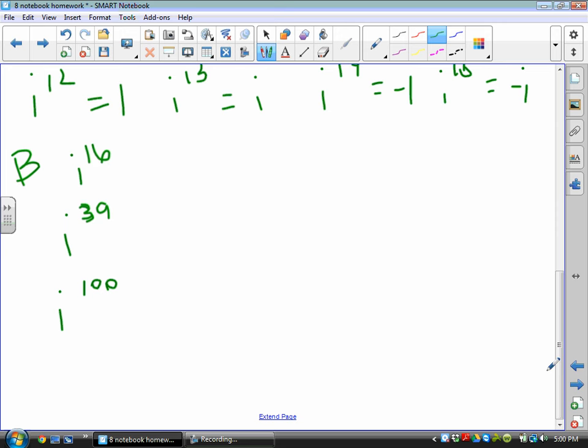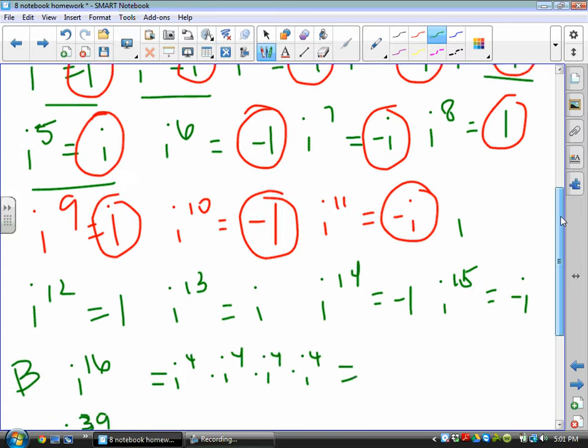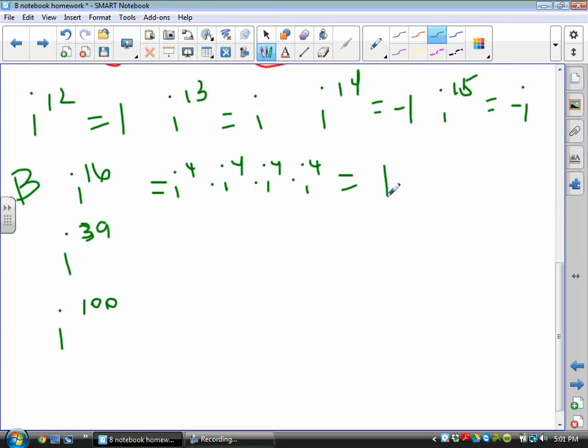Times itself that many times, the pattern repeats. So i to the 16th is really like i to the 4th times i to the 4th times i to the 4th times i to the 4th, which is simply 1 times 1 all the time, which is just 1. Okay, so if it's a multiple of 4, it's basically just i to the 4th.